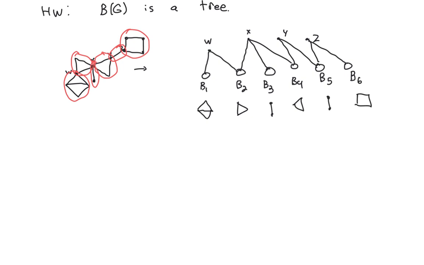One thing you might notice is that the block graph does not have any cycles, and so that is a homework exercise to show that the block graph is always in fact a tree.